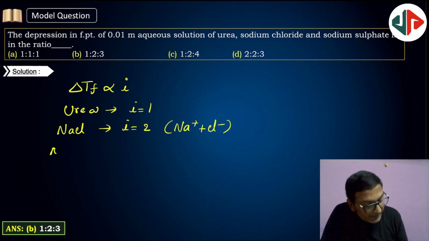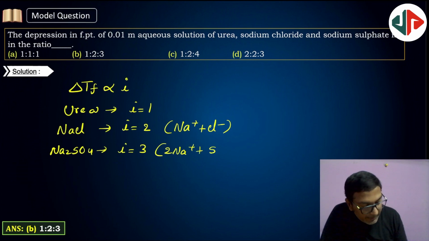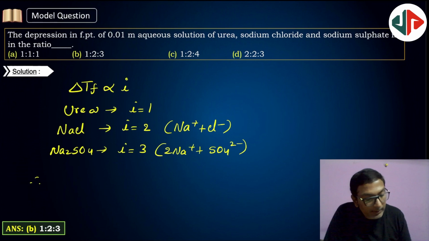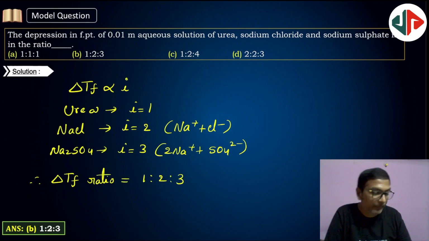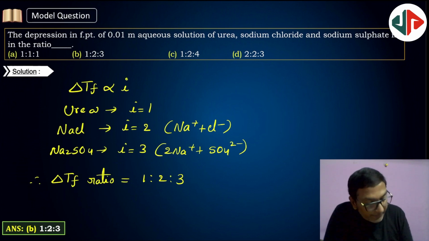Sodium sulfate, Na2SO4, i value is 3 because 2 Na plus and SO4 2 minus. Therefore, delta Tf for urea, NaCl and Na2SO4 is in the ratio 1:2:3. Option B.